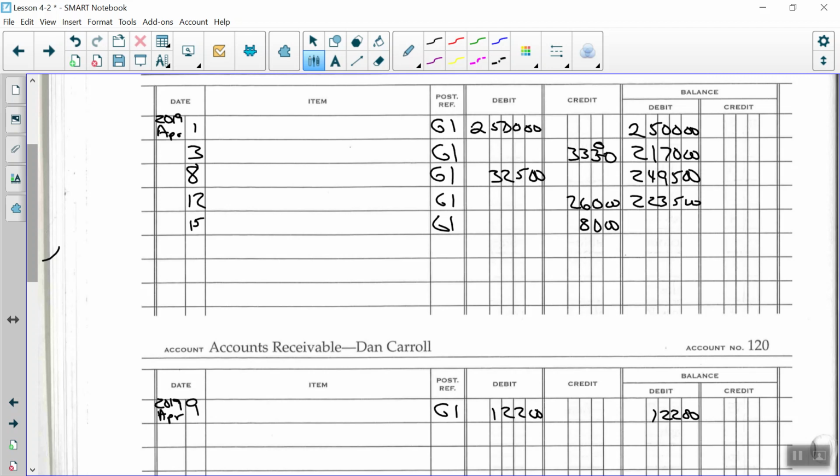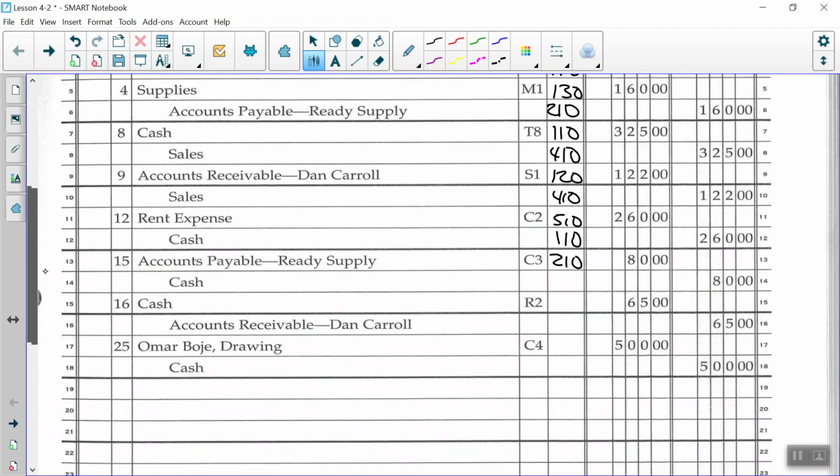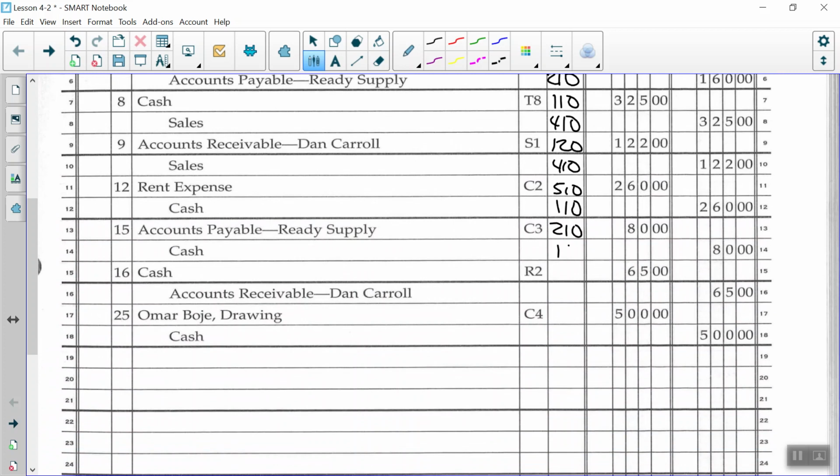So 2235 minus 80 is 2155. Got it? All right, so then we come back to line 14 and put 110.